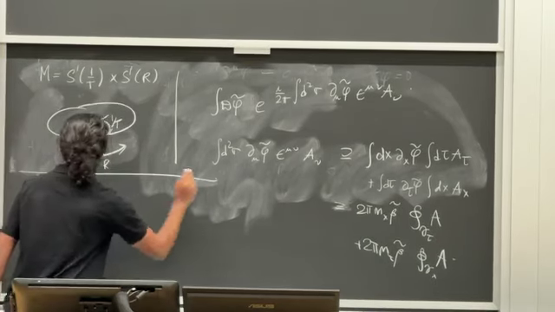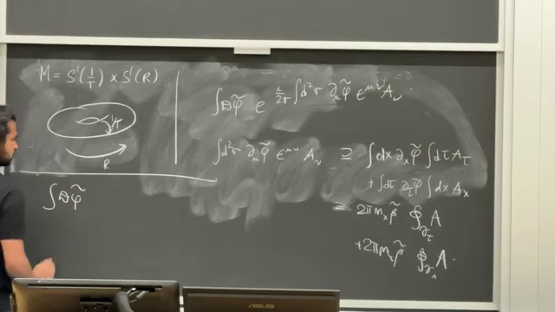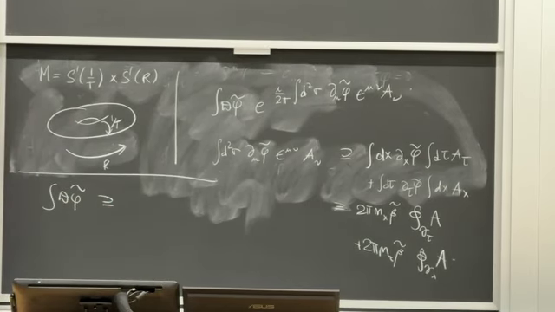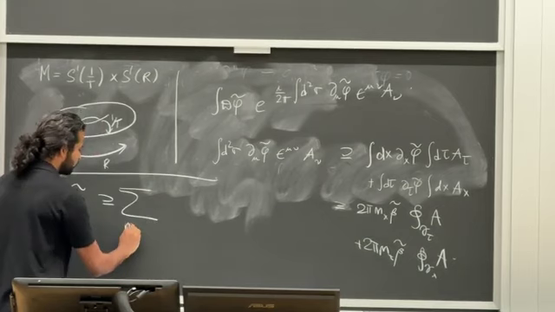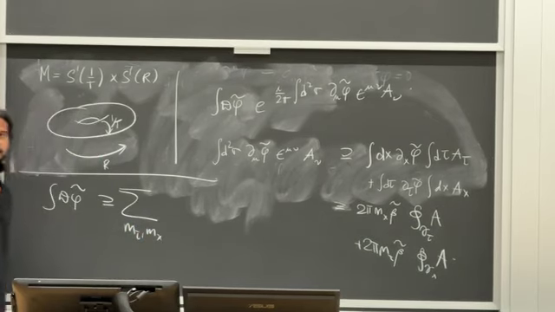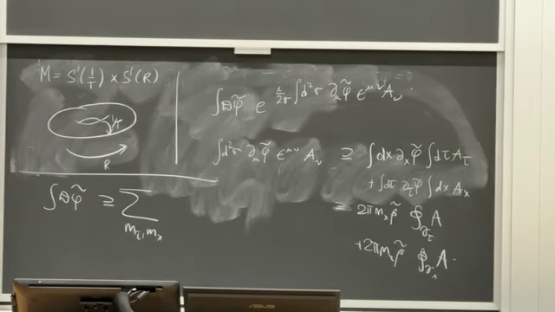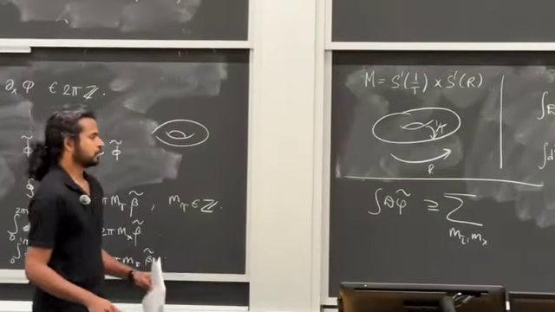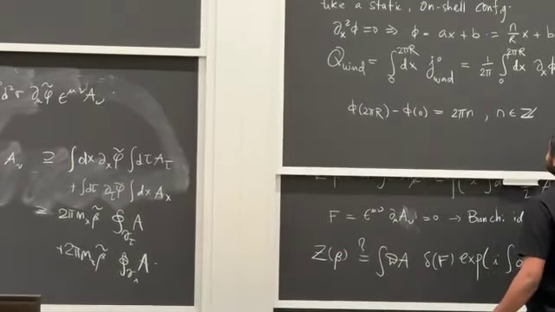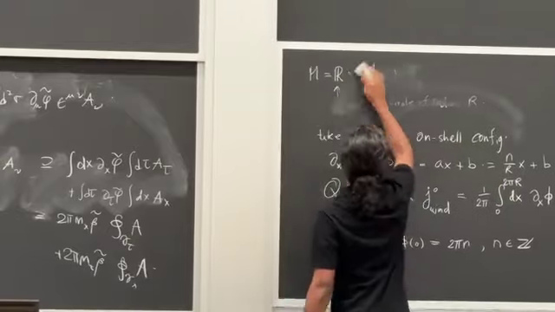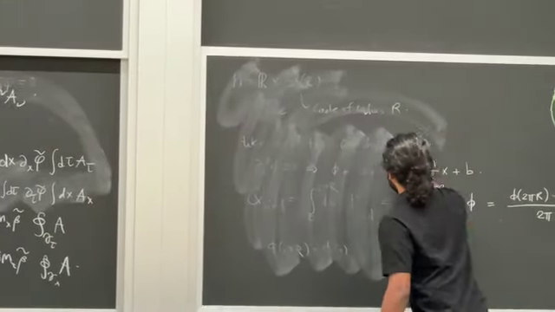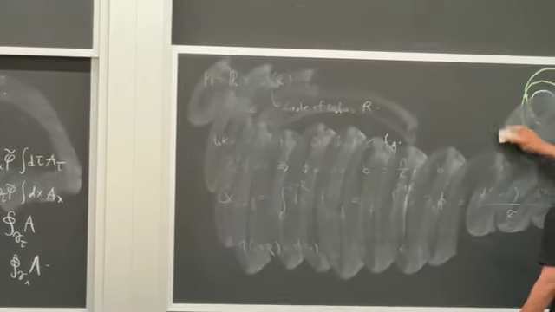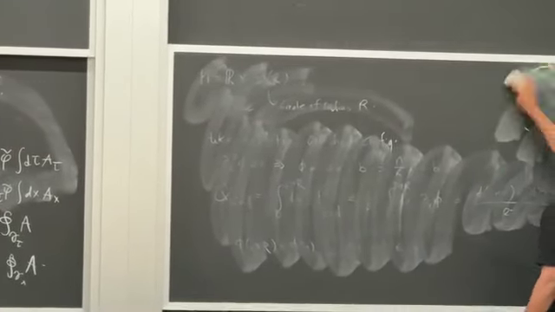Now, this path integral also contains a sum over all these winding numbers, right? Because winding number can be any integer. We have to take into account all possible windings. So in the path integral, I would have something like this.